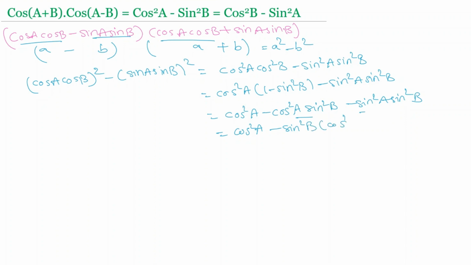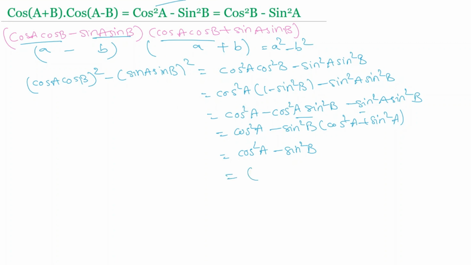That leaves cos square A plus sin square A. Cos square A plus sin square A is 1. So this can be written as cos square A minus sin square B. This is the first thing we have here.